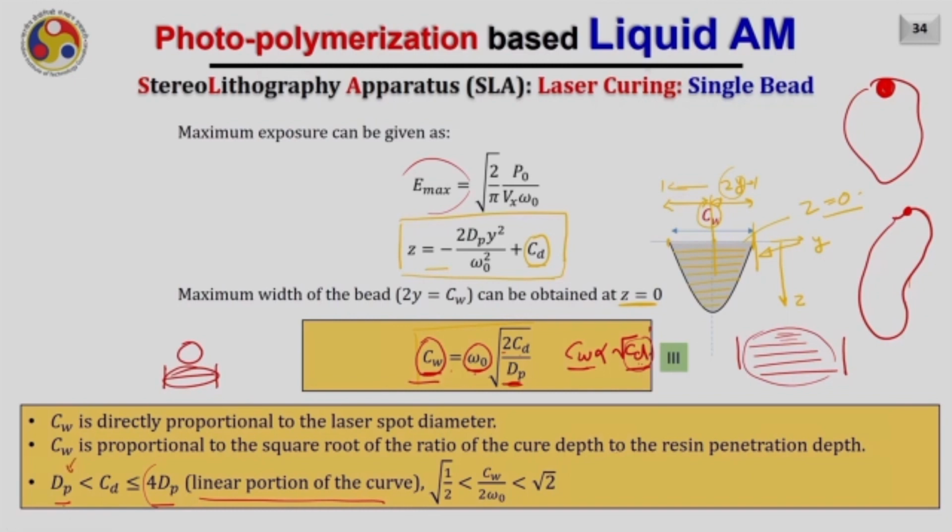In this inequality, you put the value of CD from here to here, and as a result you will get this expression. This expression says CW by 2 omega naught will be greater than 1 upon root 2 and will be less than root 2. This will be the range for this particular ratio.